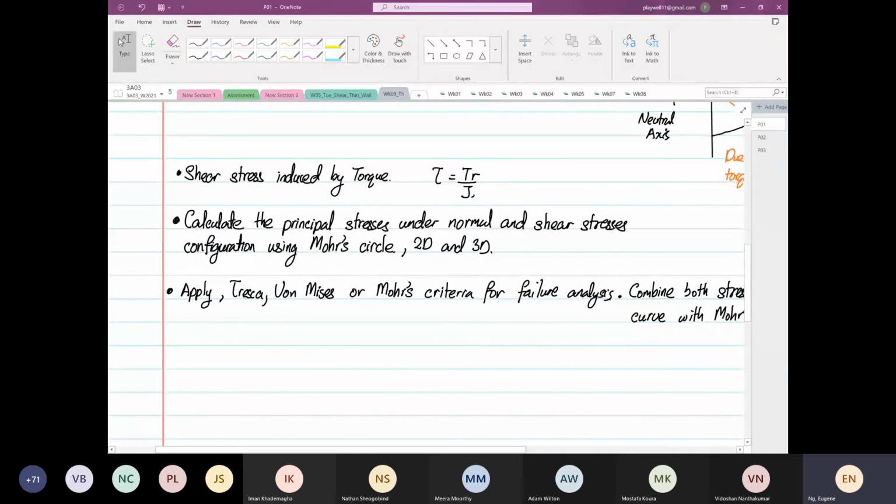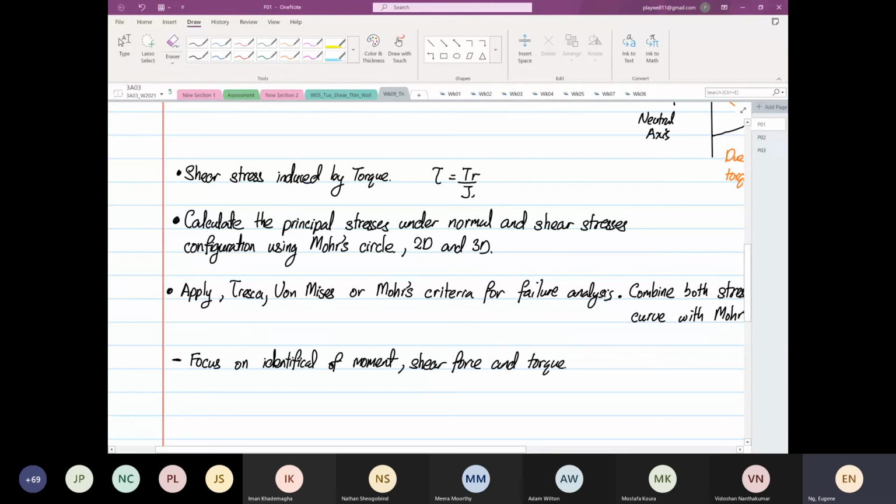So for the next few weeks, we're going to focus on identification of moment, shear force, and torque.